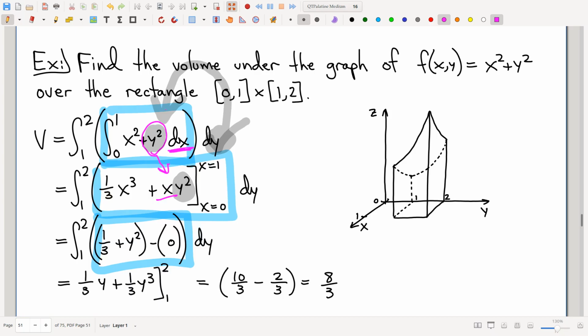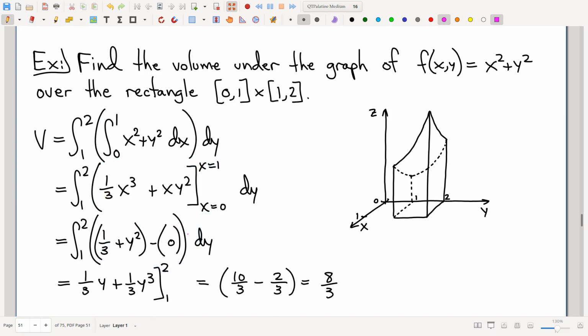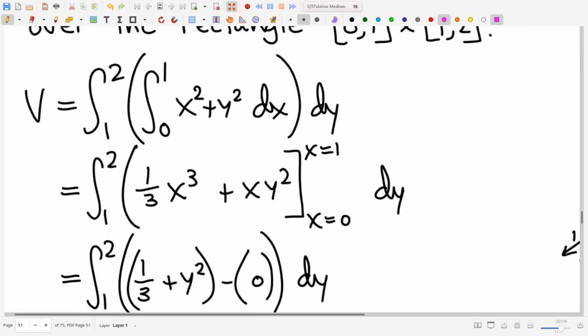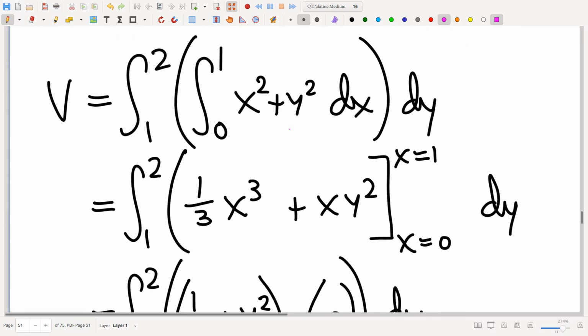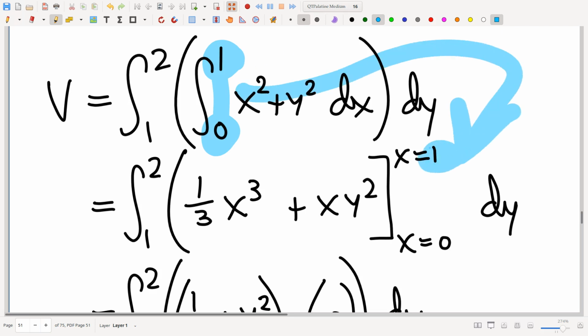Okay. All right. Second, this is just kind of a little insurance policy, you might want to say. When it comes time to plugging in the bounds, we've got these bounds 0 to 1. And after you've done the antiderivative, of course, you take those bounds and you recopy 0 to 1.